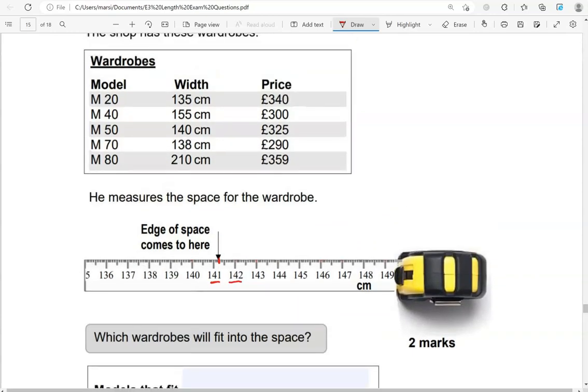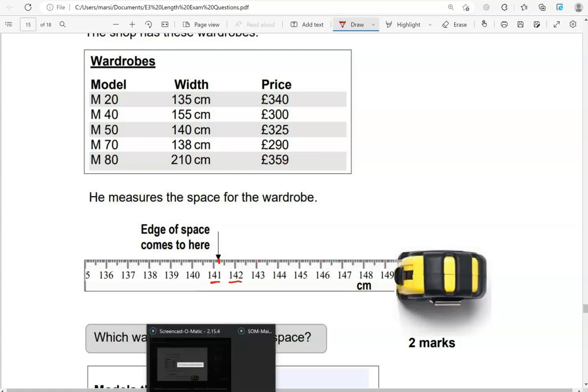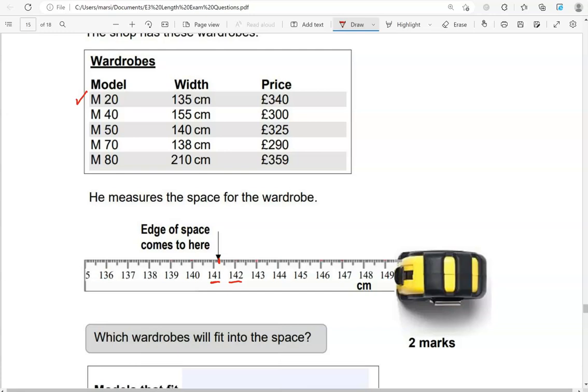So looking at the models, we've got M20 at 135 centimeters, which is below 141, so that is going to fit. M40 is 155, which is higher than 141, so that's not going to fit.